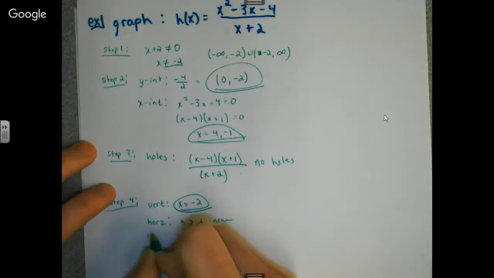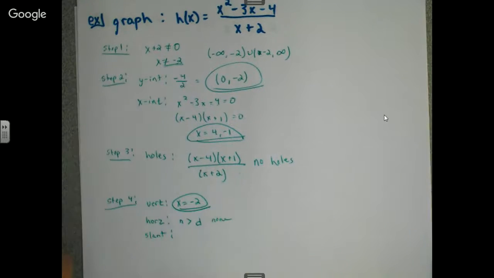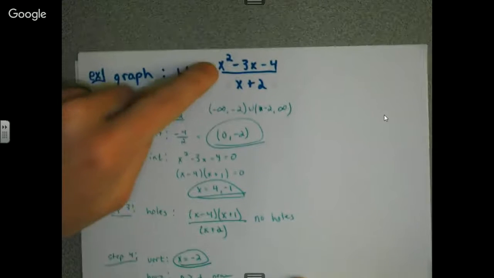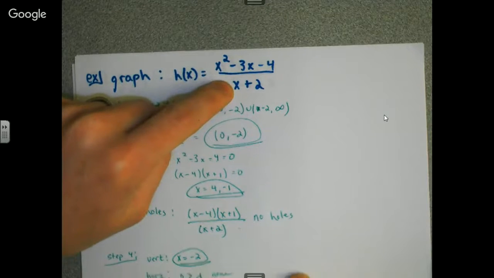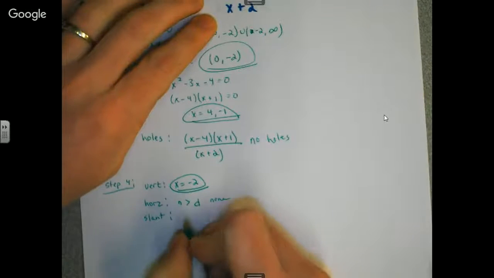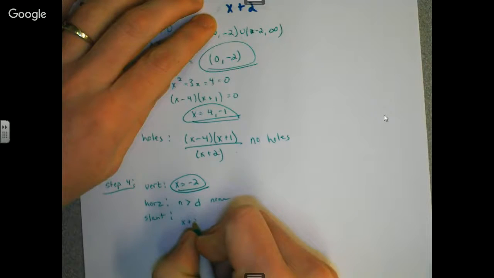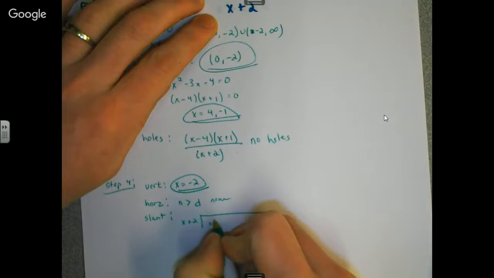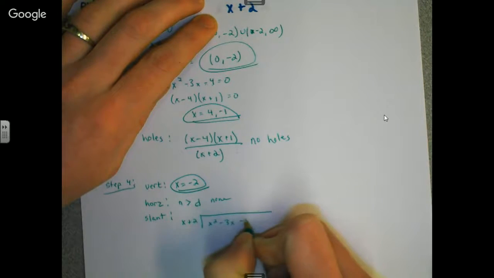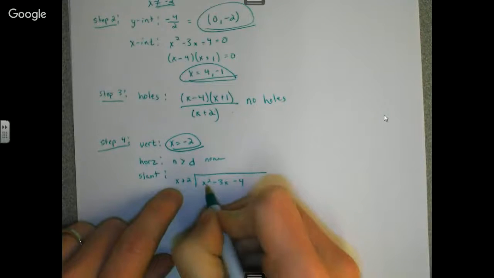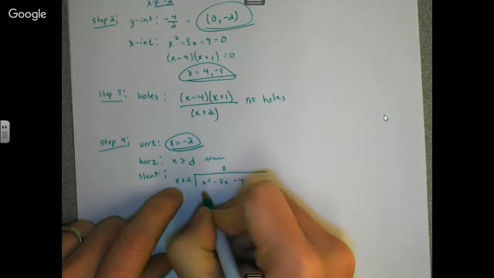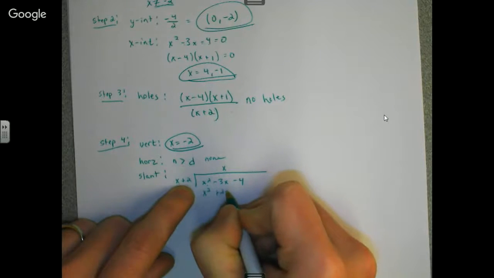Slant. Okay. Now, since the numerator has a degree 1 bigger than the denominator, I have a slant asymptote, so I have to do the division. Okay, so long division here. So x becomes x squared. That's an x. So x squared plus 2x.